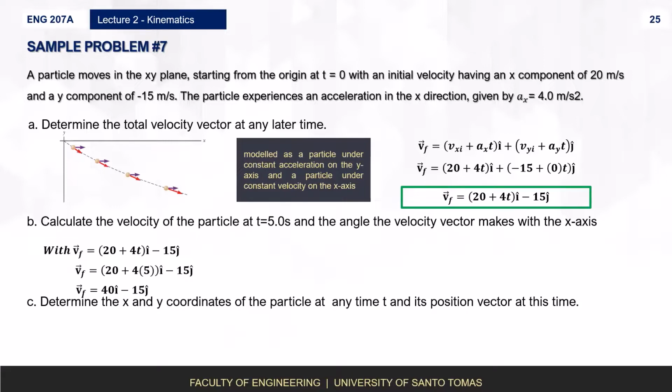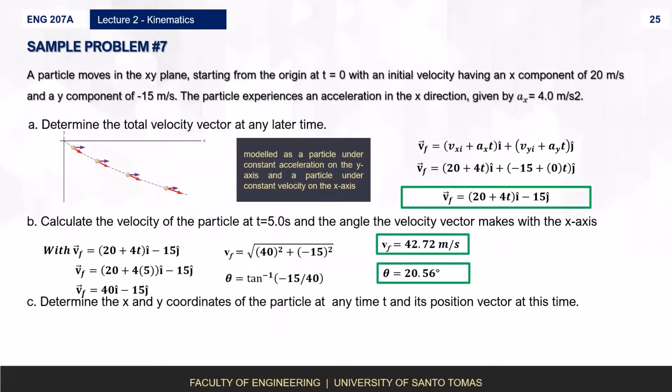Knowing this, you may now solve the final velocity and angle using previously known equations from our vector lecture. You should be able to get 42.72 meters per second and 20.56 degrees from the x-axis as your answer. Now try solving C on your own.